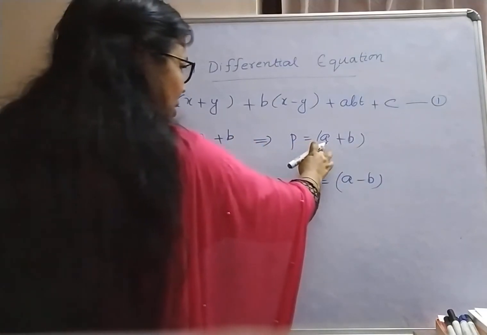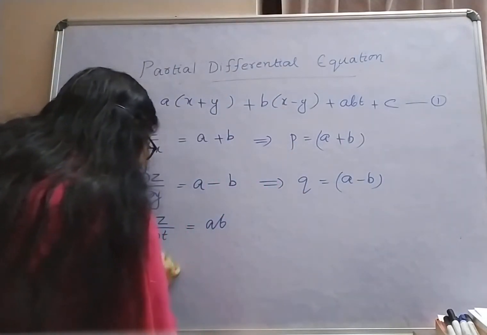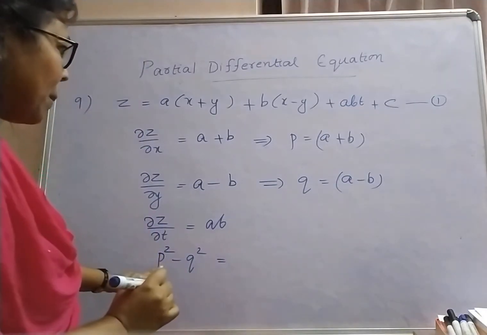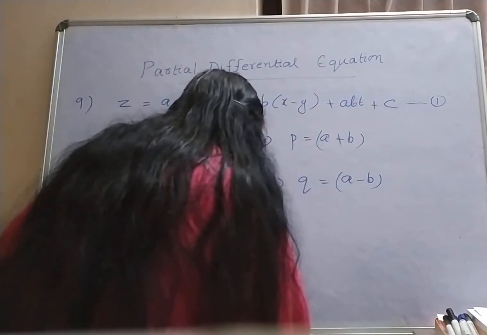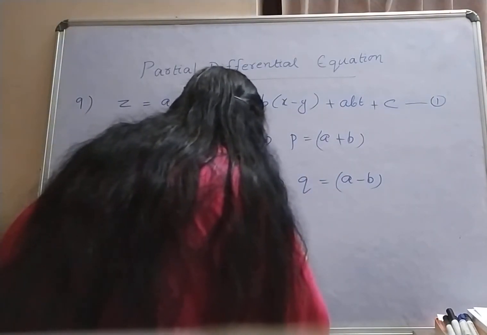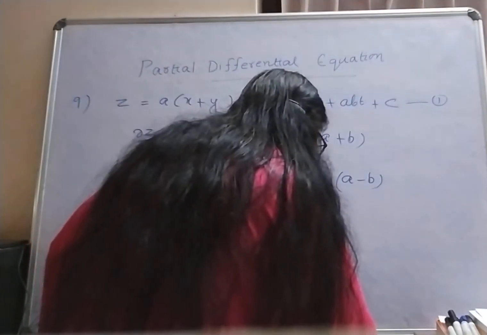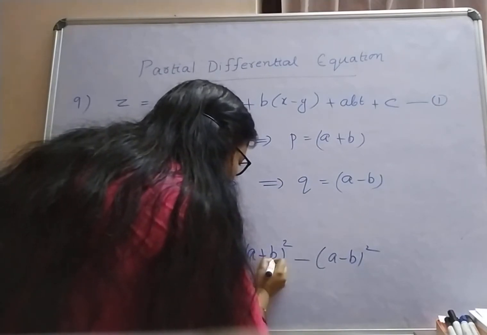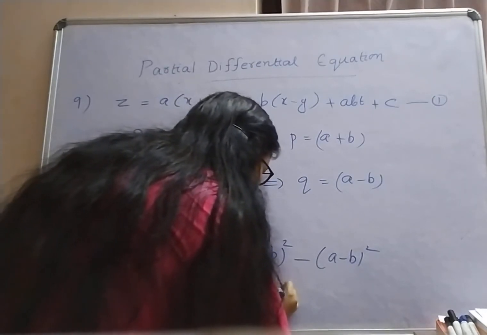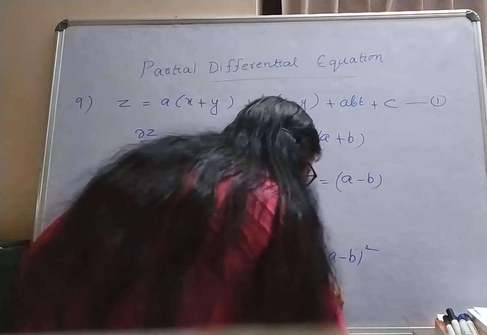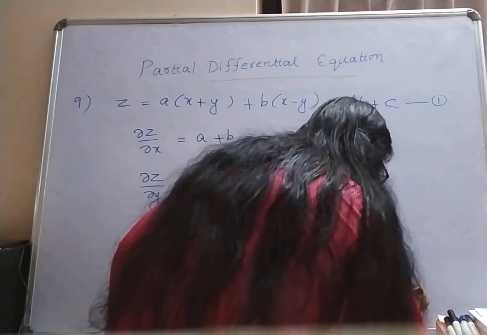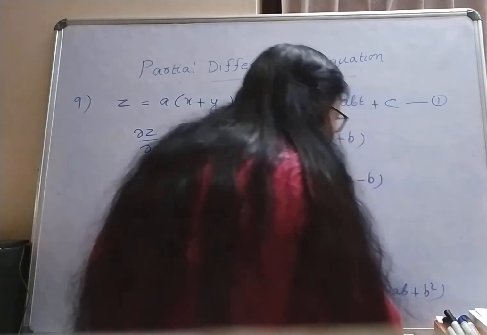Find p square minus q square. P square is (a plus b) the whole square, minus q square is (a minus b) the whole square. This is a square plus 2ab plus b square minus a square minus 2ab plus b square.